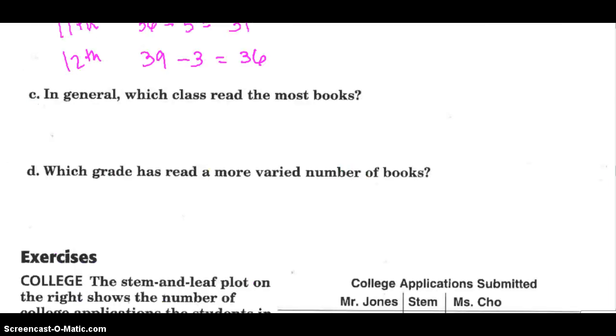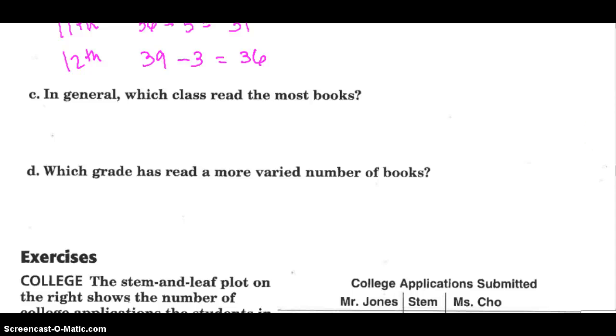All right, moving on. C says, in general, which class read the most books? Let's see if we could figure that out without actually tallying up the total number of books read. I am going to say the 12th grade students read the most number of books because there are more leaves in the 20 stem for the 12th grade than there are for the 11th grade.